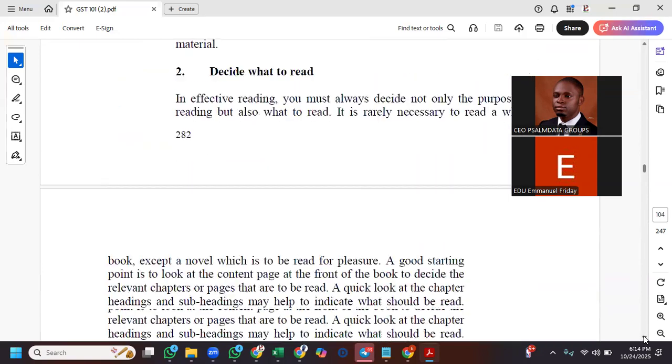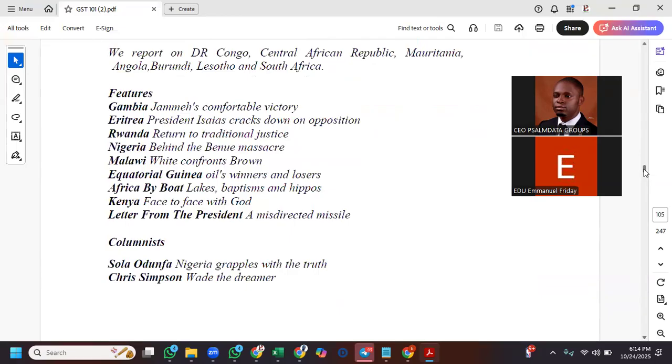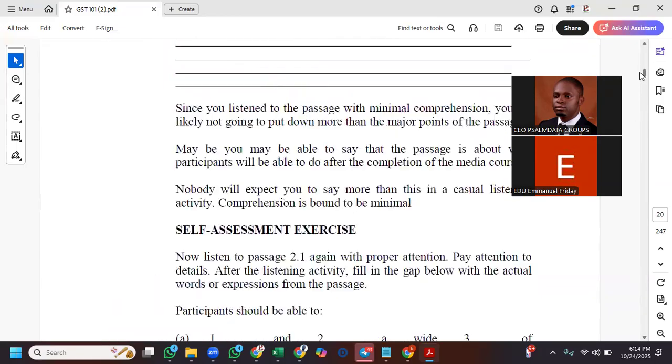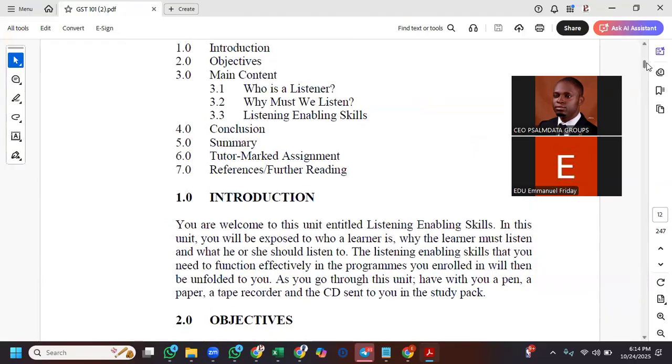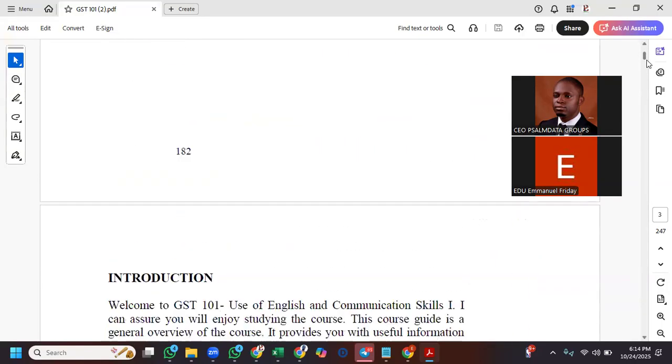Let's check the table of contents there. Yes, module 4.